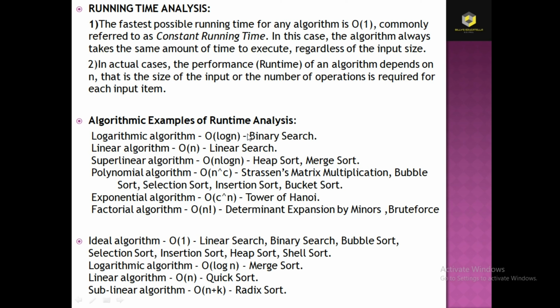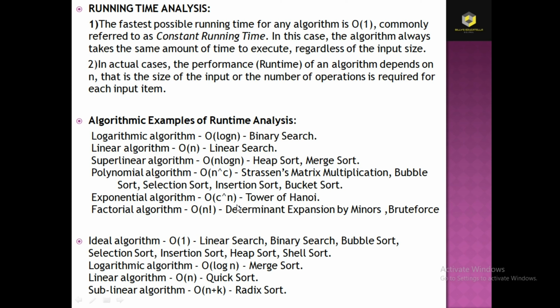It may be n square, n cube, n to the power of 4, and so on. Examples are Strassen's multiplication, bubble sort, selection sort, insertion sort, bucket sort. And an exponential algorithm, which is order of c to the power of n, that means 2 to the power of n or 3 to the power of n, some constant value to the power of n, for example Towers of Hanoi.